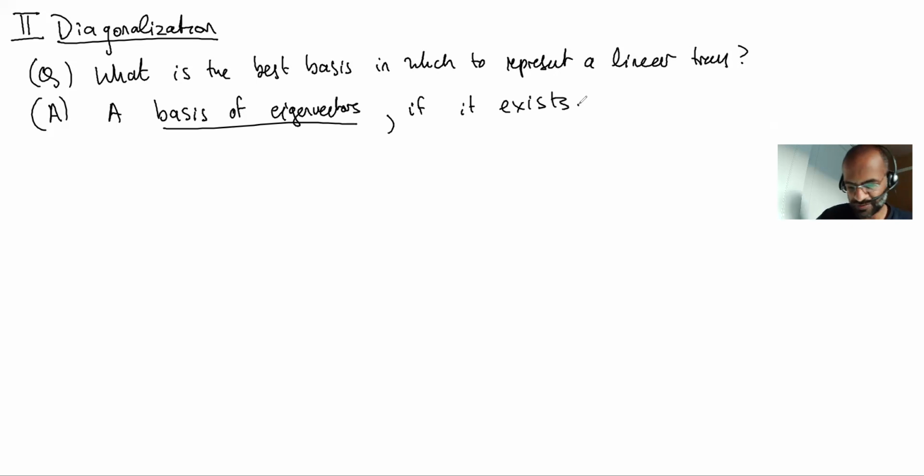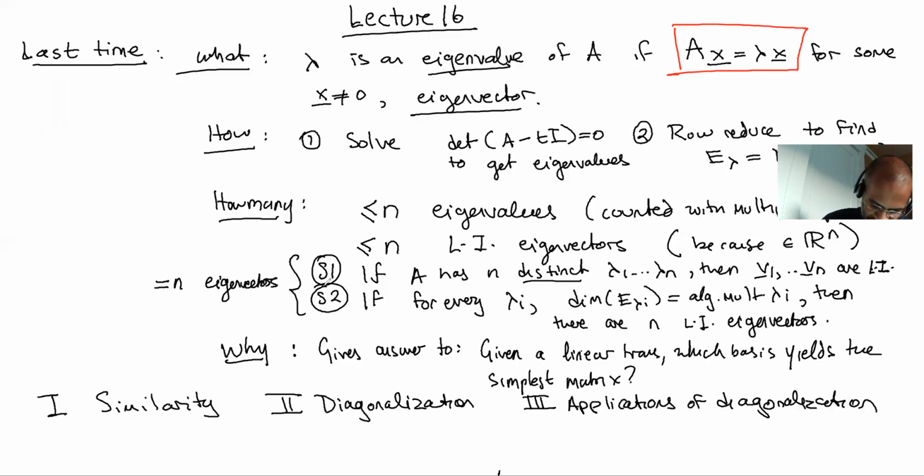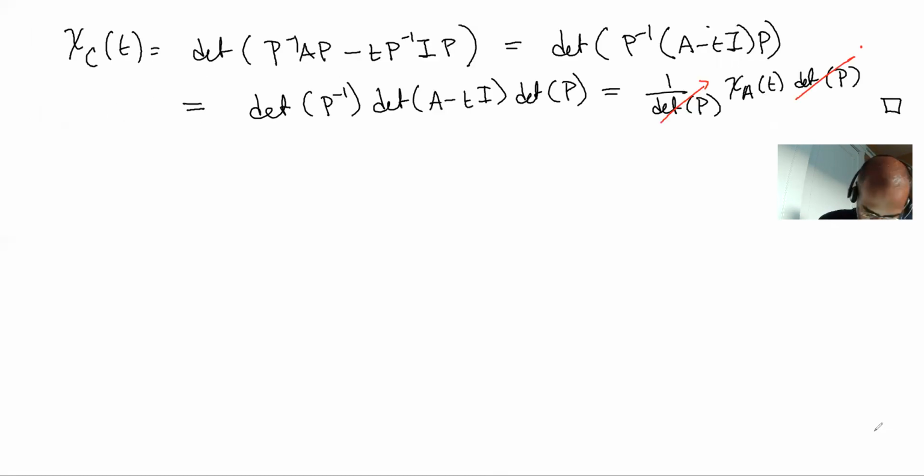We don't know that there's always a basis of eigenvectors. But from the first slide, we saw that under some sufficient conditions, S1 and S2, you have n linearly independent eigenvectors, and then they have to be a basis, right? By the Goldilocks theorem.